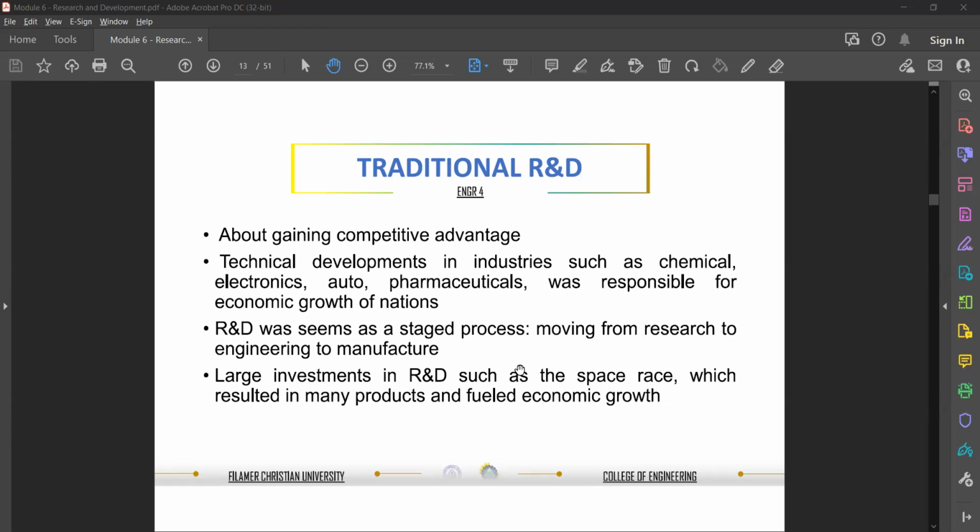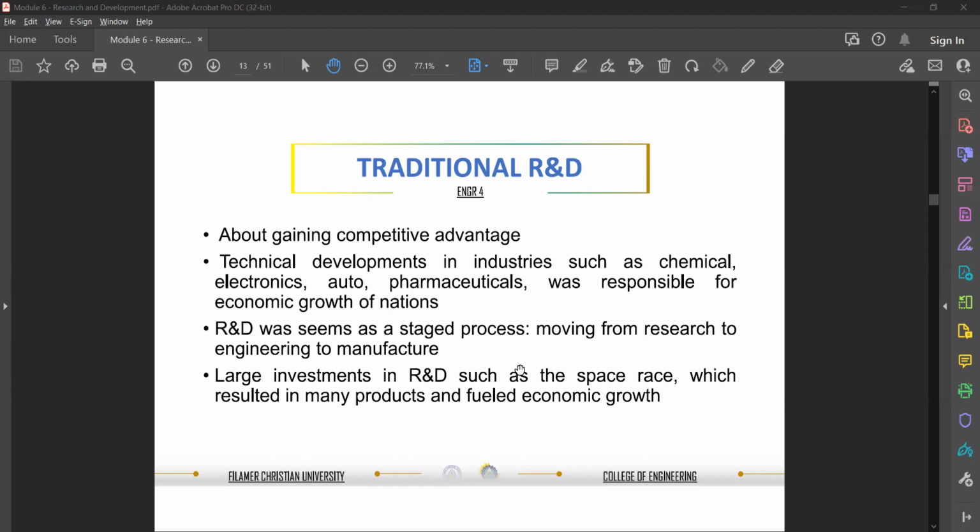We will see later on in the industries. I think Pfizer is one. And when it comes to auto manufacturing, maybe Ford or Toyota? We don't know. And the same in terms of chemical, electronics, and so on.